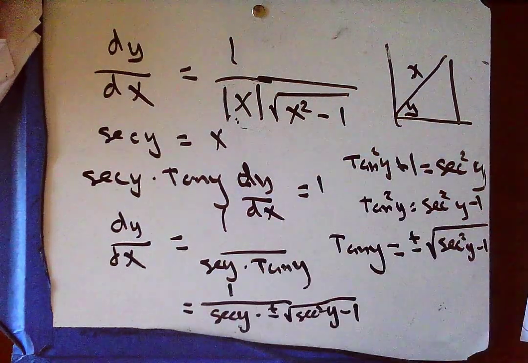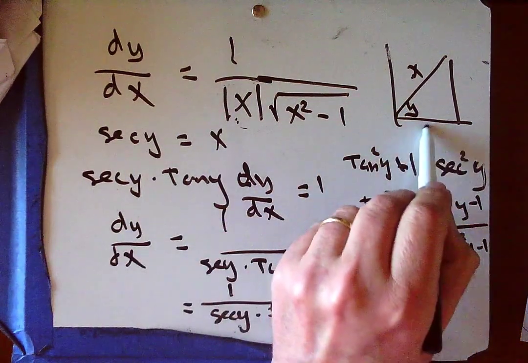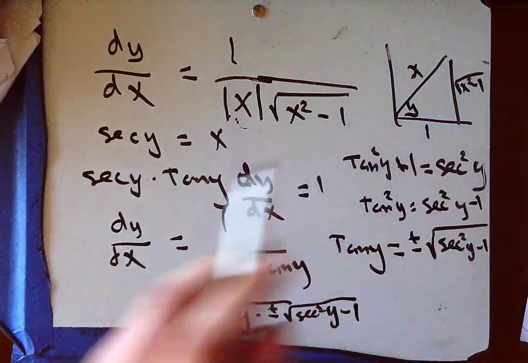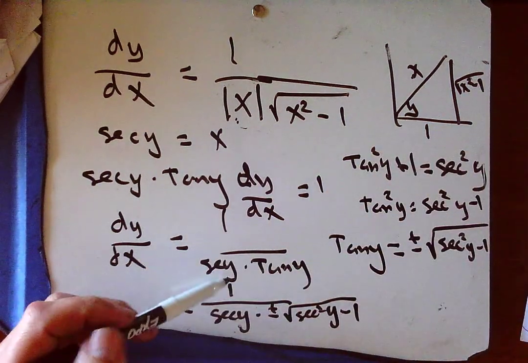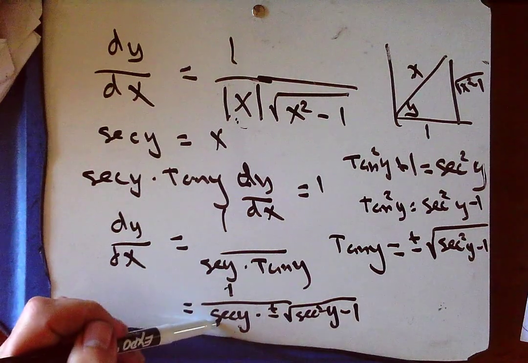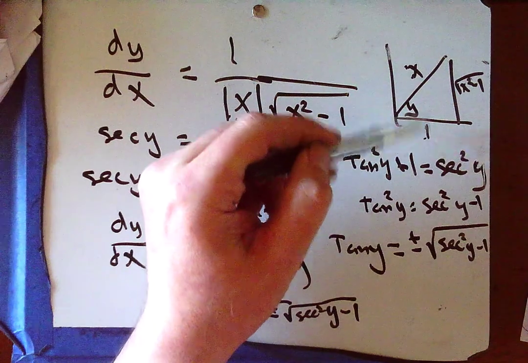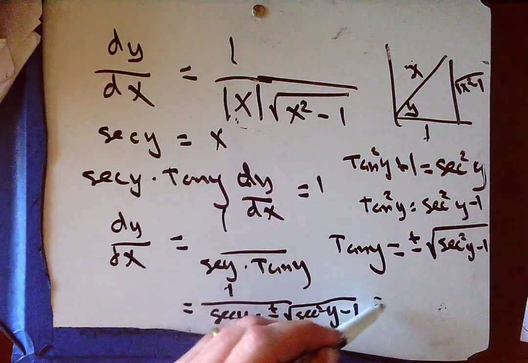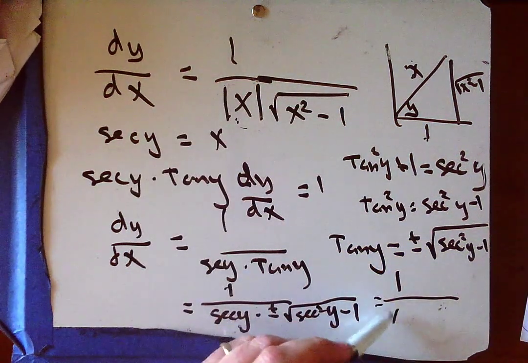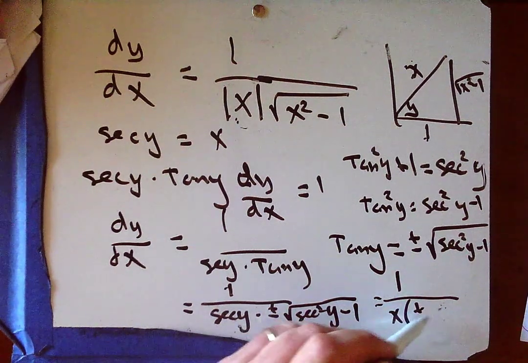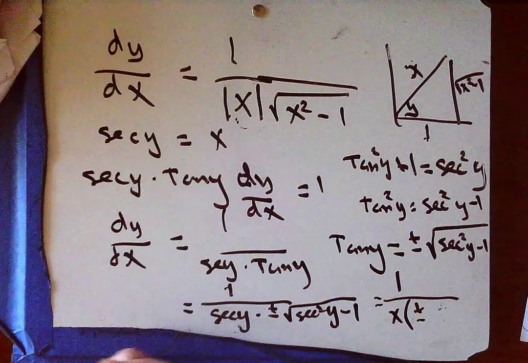There's my y, 1, and square root of x squared minus 1. Okay, so we've got 1 over secant y. Secant of y is this over this, so that's just going to be the x. 1 over x, and then there's this plus minus. And then what about this?